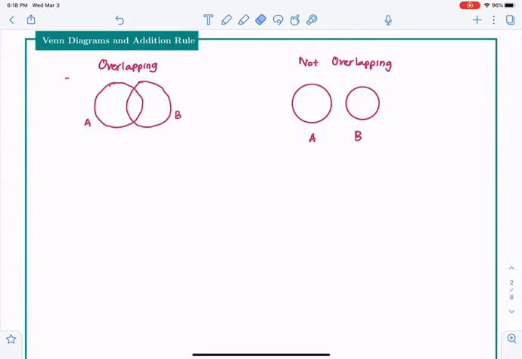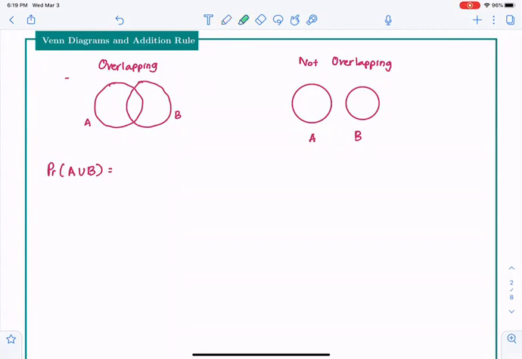Suppose A and B are two events, and we want to find the probability of A or B, so the probability of A union B. How do we find the probability of A union B in the first case?